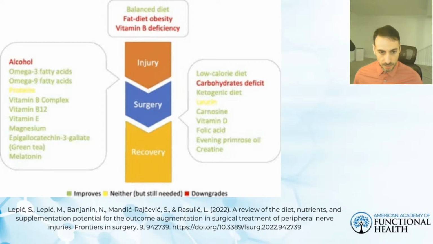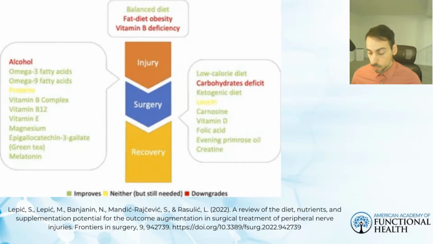On the left side, we can see the predominantly neuroprotective nutrients, which can be taken from the time that the injury occurred. You can see alcohol here, which is pretty self-explanatory: alcohol is a damaging agent to our nerves. Then, marked in green, you can see B vitamins, really important for the function of the mitochondria inside the nerve cells.